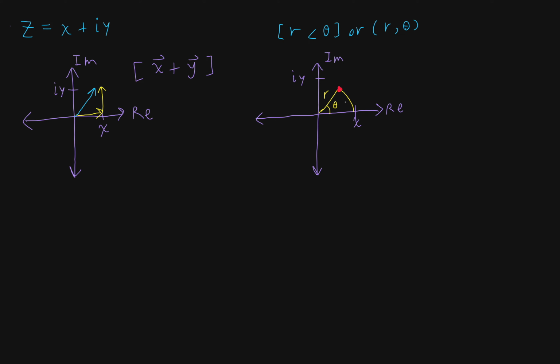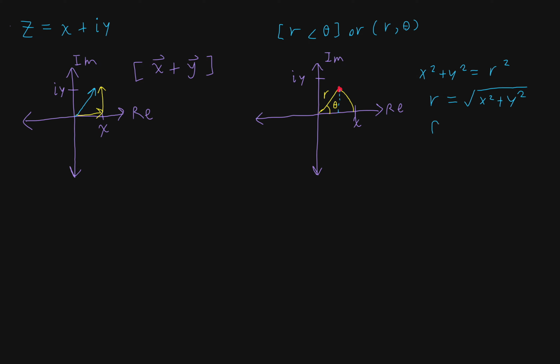Now let's consider how we can model this. Taking it from rectangular form, if we want the radius here, this is basically like a right triangle. So you know that x squared plus y squared is equal to the radius squared, and that means that the radius is equal to the square root of x squared plus y squared.